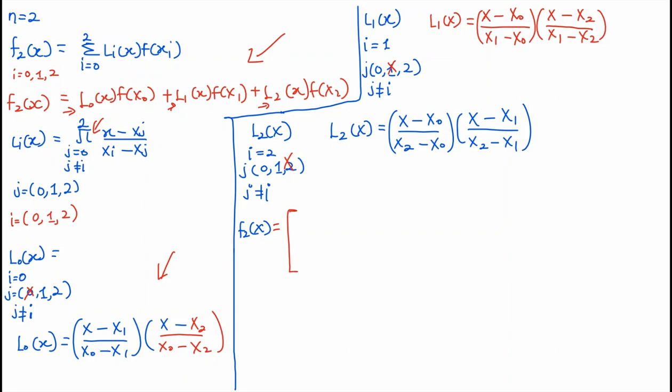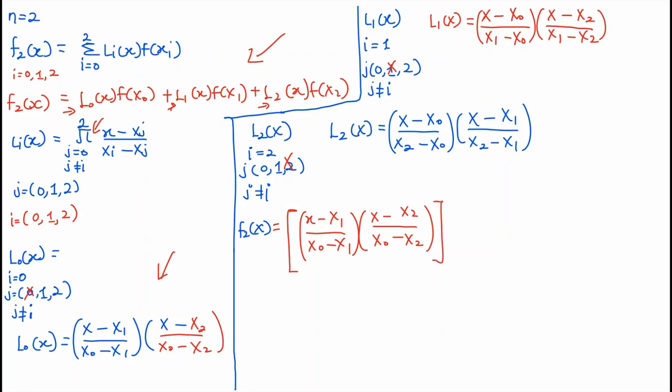Okay, let me use square brackets. So you're going to have x minus x1, divided by x naught minus x1, bracket closed. This multiplying x minus x2, divided by x naught minus x2, right? So that's just our L naught of x.